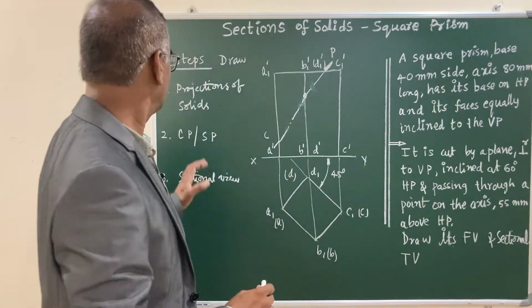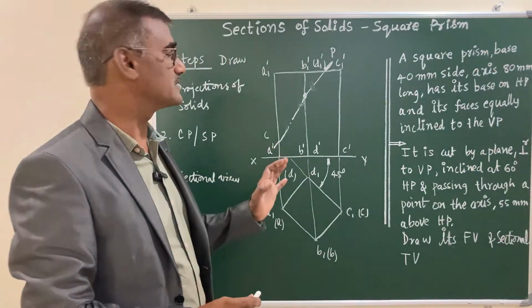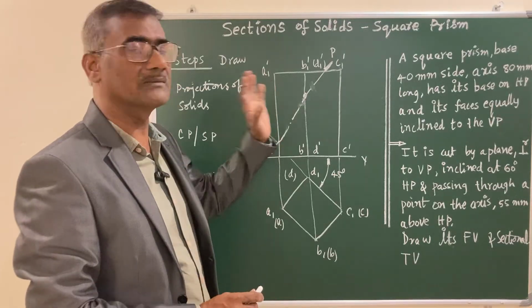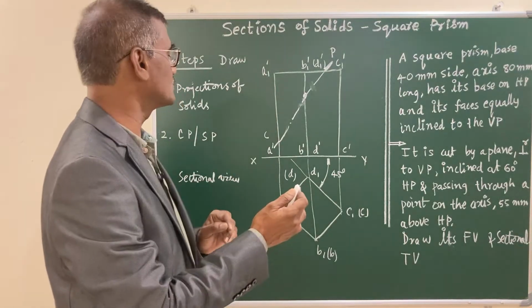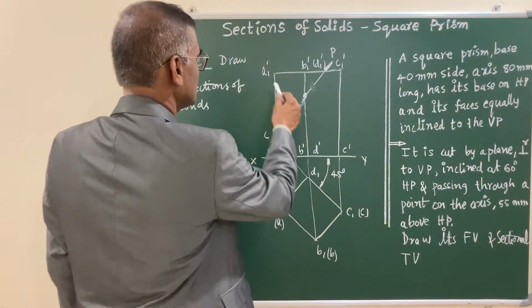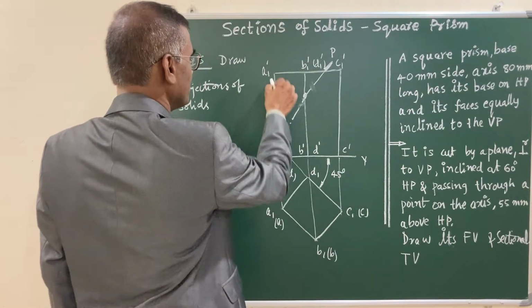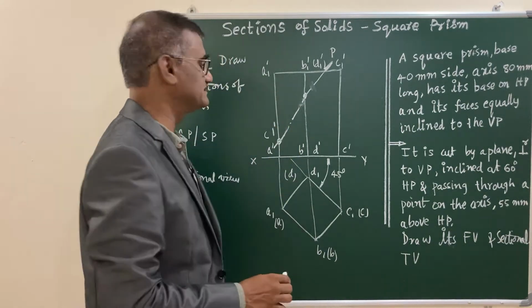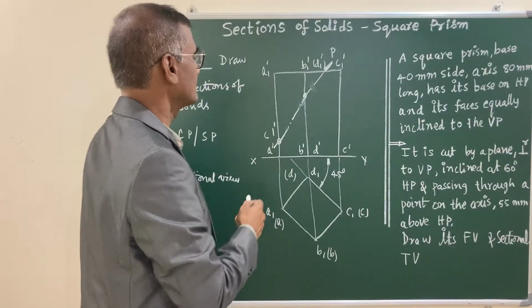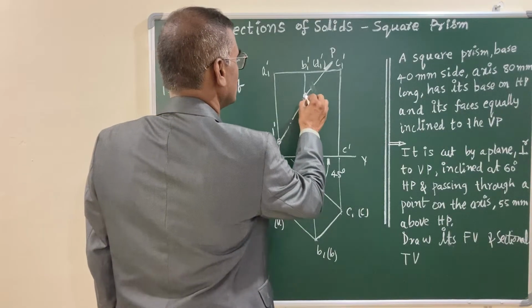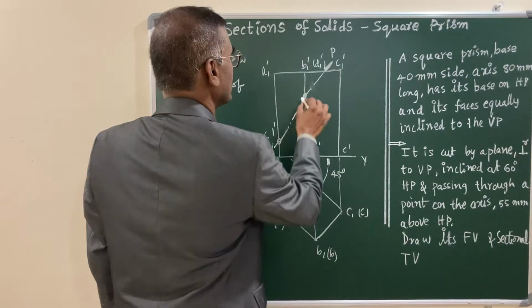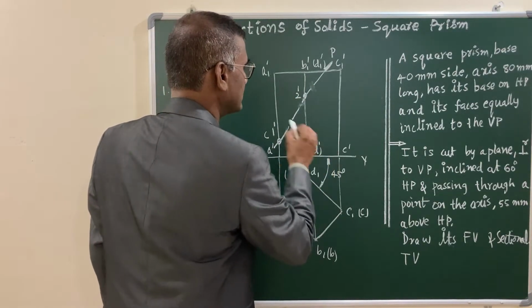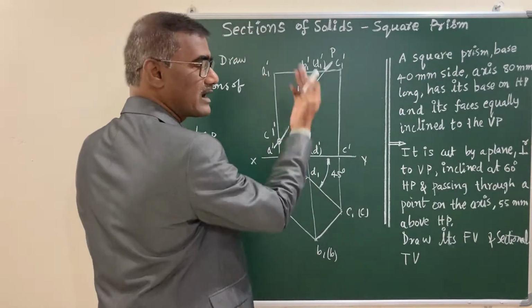And after this you have to locate the points of intersection with the edges, longitudinal edges as well as the base edges. Let us move from the left to the right. Observe carefully here, this cutting plane is cutting A1 prime and A prime at a point, I am calling it as 1 prime. It is a longitudinal edge, and after this it is cutting B1 prime and B prime, that is 2 prime. And I am not marking this D1 and D1 prime because it's back of it.